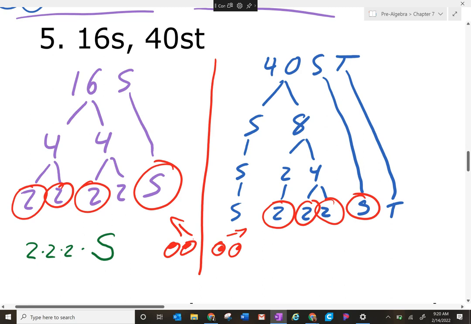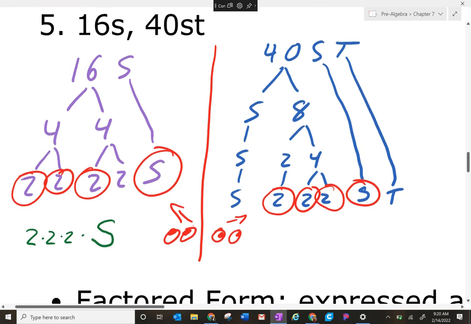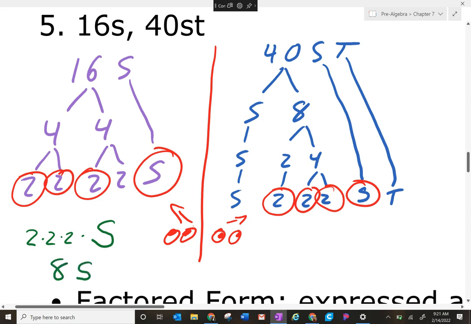Oh, it's an S. My handwriting. It's on me. So now I'm going to have the 2 times 2 times 2. 2 times 2 times 2 is an 8. And then this last one is an S. That's my final answer. That's the stuff they have in common, is an 8S. If I did these ones, I'd still have 2 times 2 times 2 times the S. So I still would have had 8S. Again, I can only look at one side. I don't look at both of them.